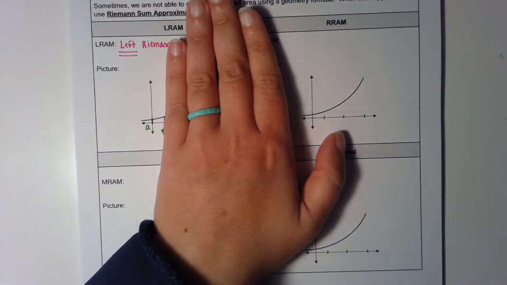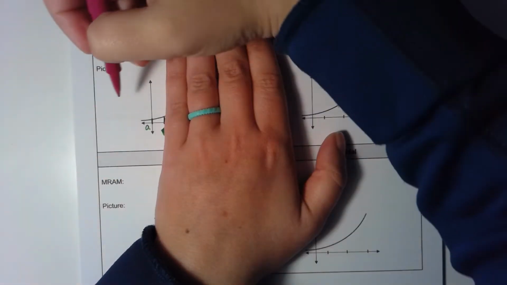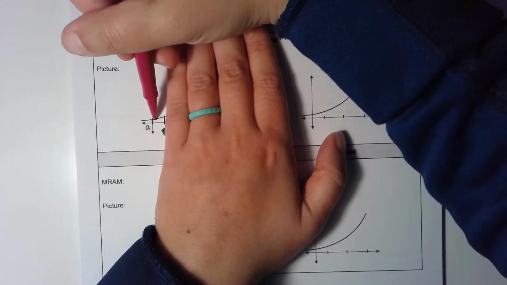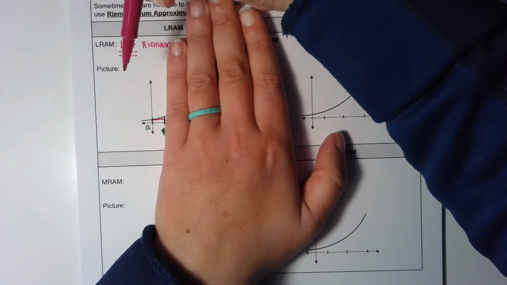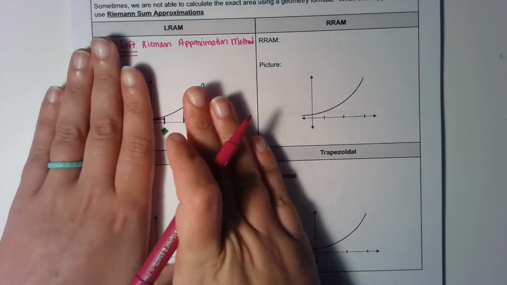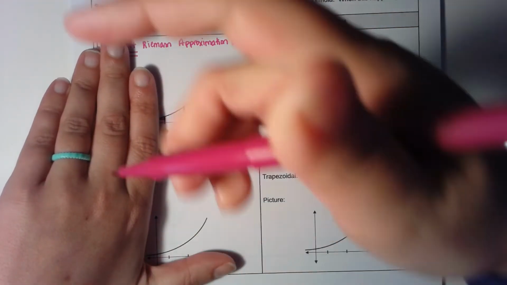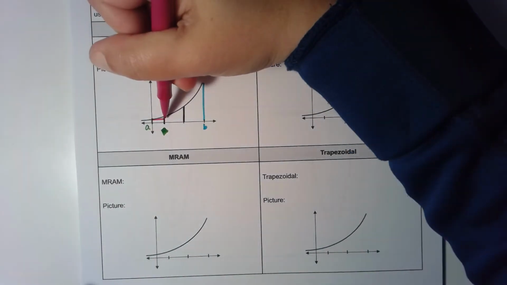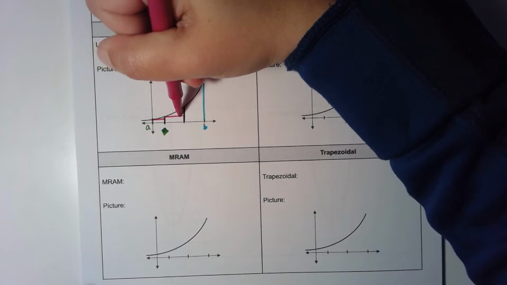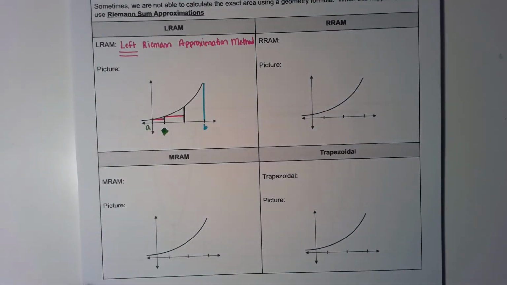The left edge goes up to here, and the right edge goes up a little bit higher than that. Because this is the left Riemann approximation method, we're going to use the left edge to draw a little rectangle within that curve. Then I'm going to look at the middle section. There's a left edge and there's a right edge. In this case, the left edge is a little bit shorter. Because we're using the left Riemann approximation method, I'm going to use the height of the left side to make a rectangle.